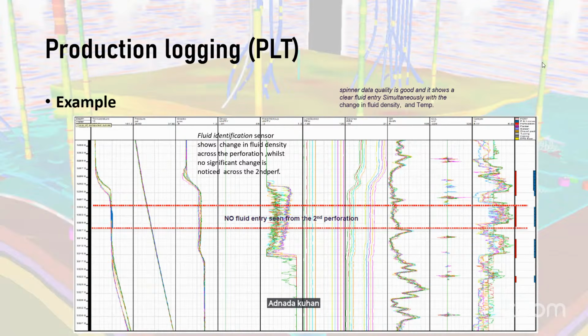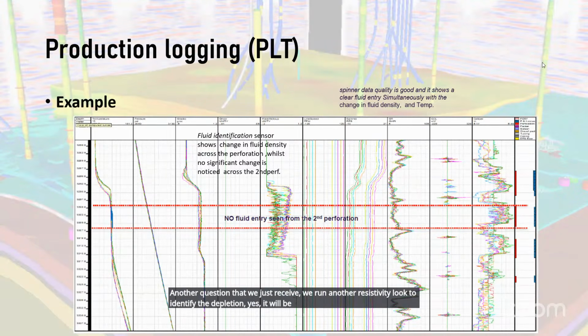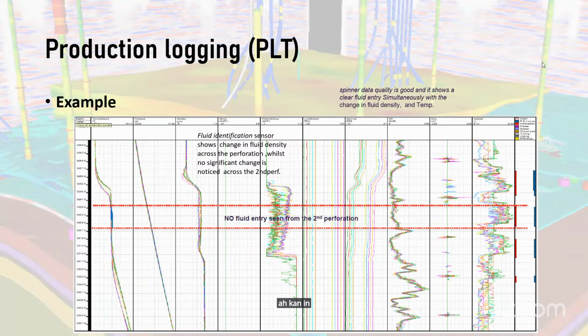Another question that we just received: if we run another resistivity log to identify the depletion, yes, it will be the cased hole resistivity. However, in one case the cased hole resistivity won't be very effective. Can anyone tell me which case?